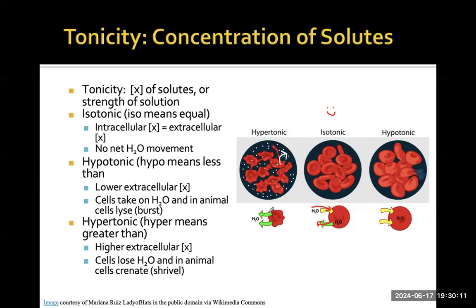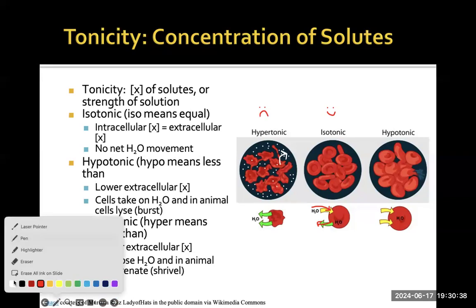When the water pours out of the cells, that normal biconcave disc is going to shrivel in and undergo what we call crenation. Crenation is shriveling and it's bad because the cell eventually is going to shrivel too much and it's going to die. That's bad. And then the last example over here is the opposite of this. This is going to be what we call a hypotonic environment.